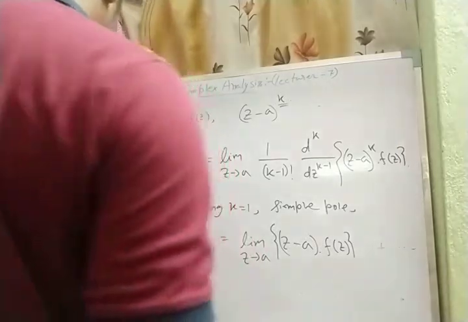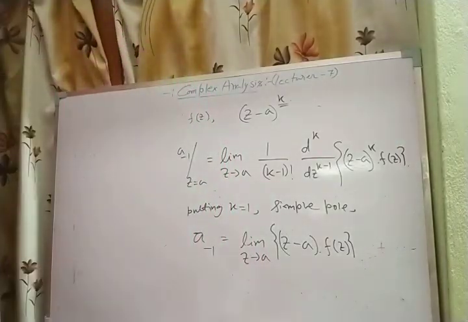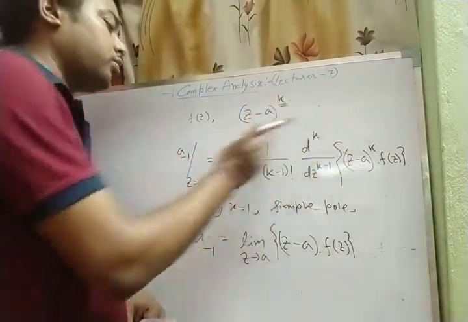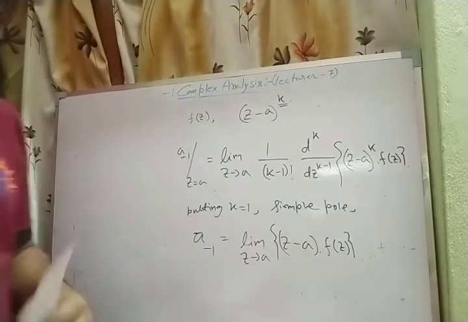So this is the residue. Now if the order of the pole is increased, then you have to use the general formula to calculate the residue.